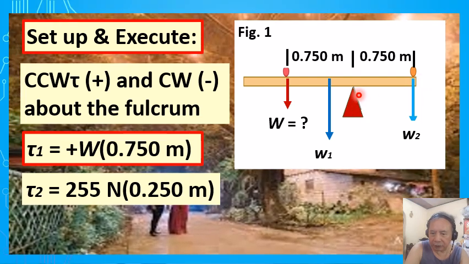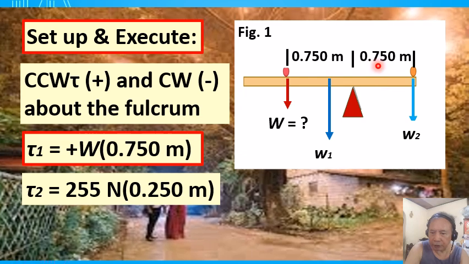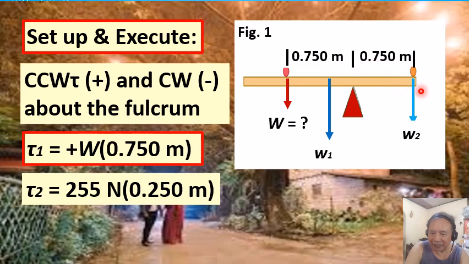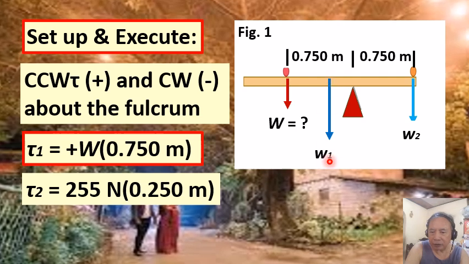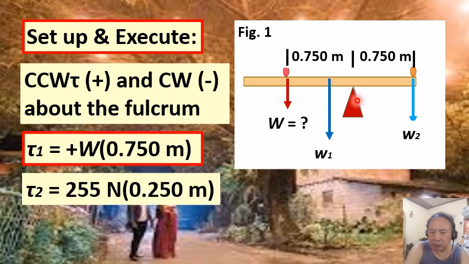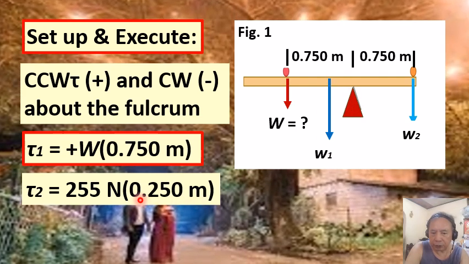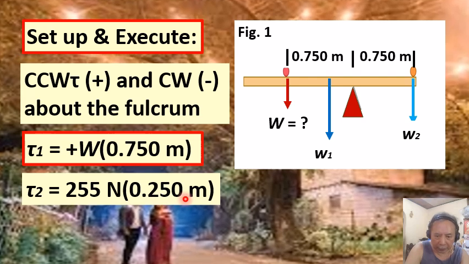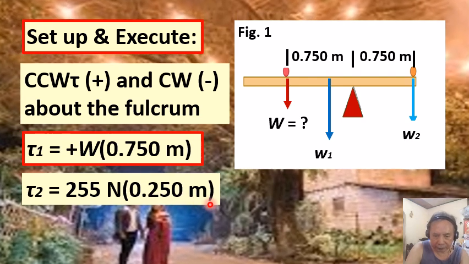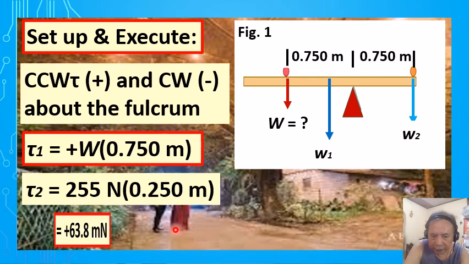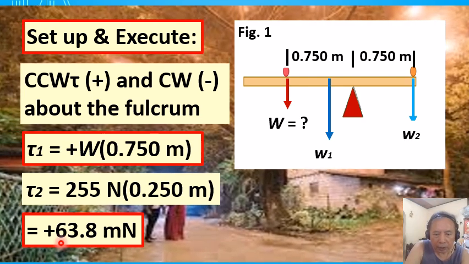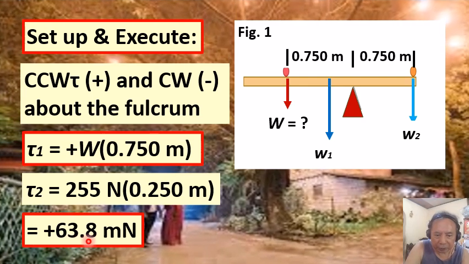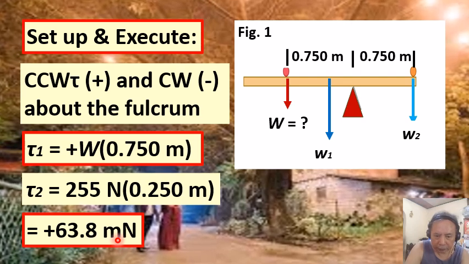And since the fulcrum is 0.750 meters from the right end, the distance between the line of action of W sub 1 and the fulcrum is equal to 0.250 meters. Simplifying, we get torque number 2 equal to positive 63.8 meter Newton.